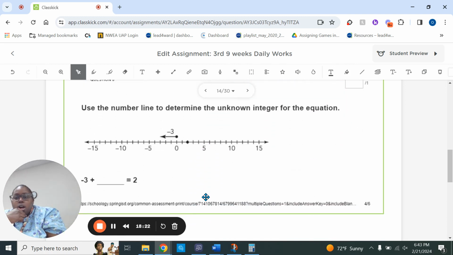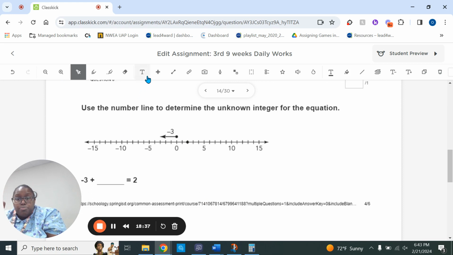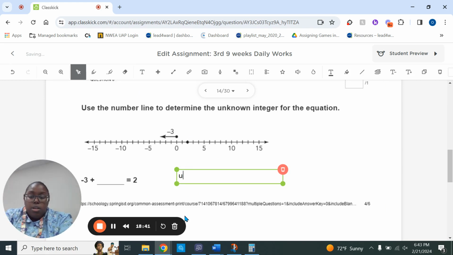All right, going on to number 8. So read what it says and then try to identify what you're looking for. Pause the video because I will be continuing on. Unknown integer. So we are looking for an integer.